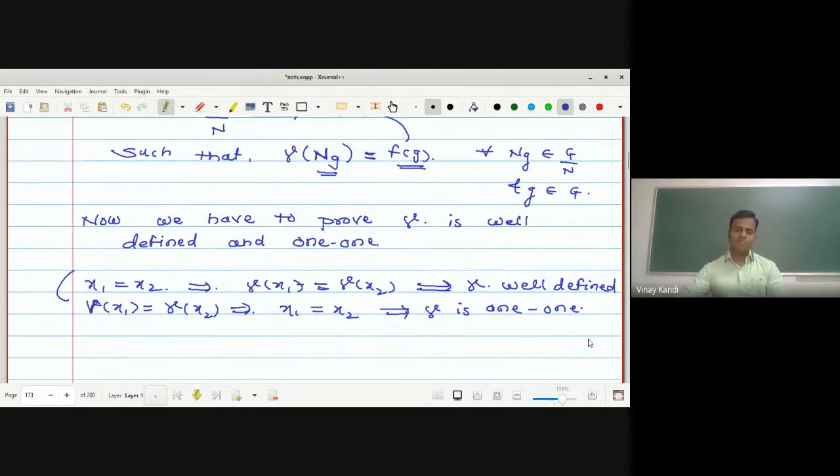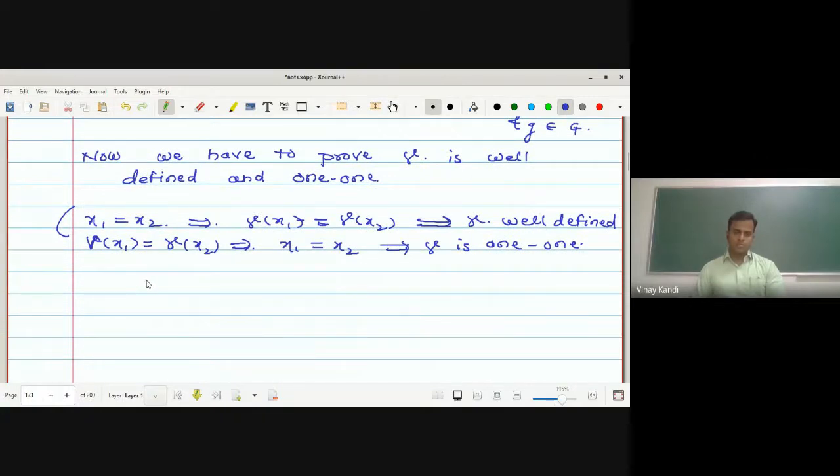Okay, if we prove that x1 is equal to x2 implies and implied by gamma of x1 is equal to gamma of x2, then gamma is what? 1-1 and well defined. Is it correct?